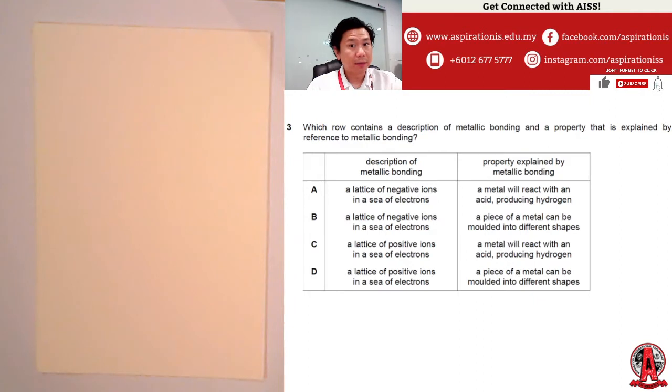So this question is about metallic bonding, the bonding between metal atoms, or the positive ions of the metals.